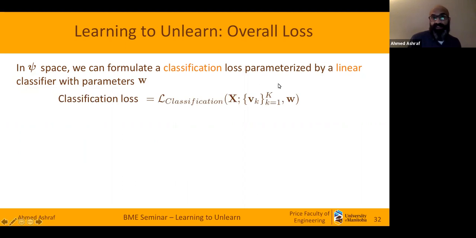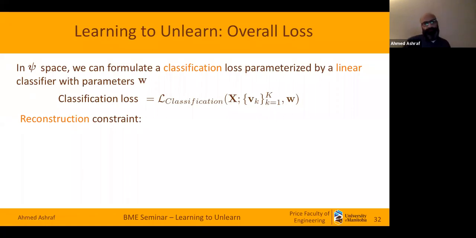And therefore, the classification loss is going to be a function of the data, of course a function of the weight parameters, and it is also a function of the cluster centers. Why? Because this classification is in this psi space, and psi is dependent on the choice of these cluster centers.